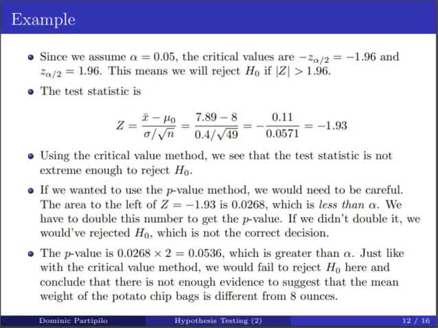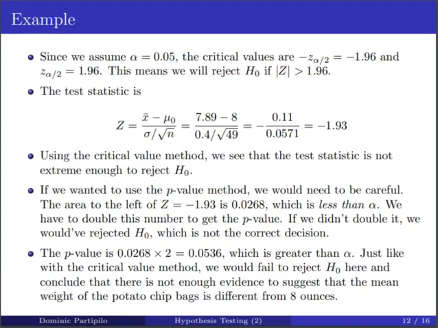Now, before we do anything else, we already know that we're not going to reject the null hypothesis, because our critical values were negative 1.96 and 1.96, and this is not more extreme than those. This doesn't fall outside of those values. So using the critical value method, we see right away that we're going to fail to reject the null hypothesis.